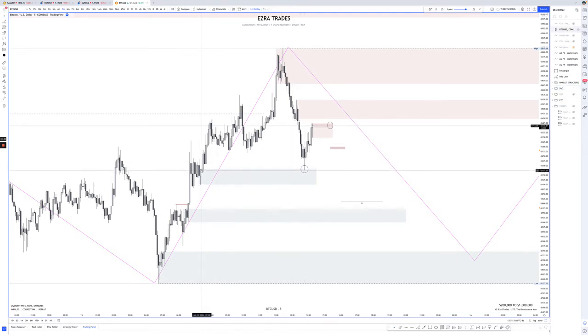We tapped the body of this doji, and we reacted by pushing up. This is what I would expect could be creating a flip zone, and that's what I was thinking. We come into a strong demand, we react, form an extreme that takes liquidity, we liquidate that level, and then now I'm looking for a mitigation of that for continuation to the downside. That's what I'd be looking for.